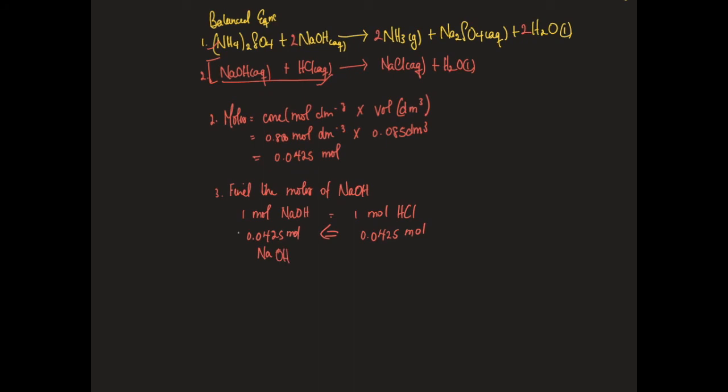The number of moles that we have calculated here is the number of moles that reacted with hydrochloric acid, so it relates to the second balanced equation. But remember that the sodium hydroxide also reacted with ammonium sulfate. So we know the number of moles of sodium hydroxide that reacted with the hydrochloric acid, but we don't know the number of moles that reacted with the ammonium sulfate.